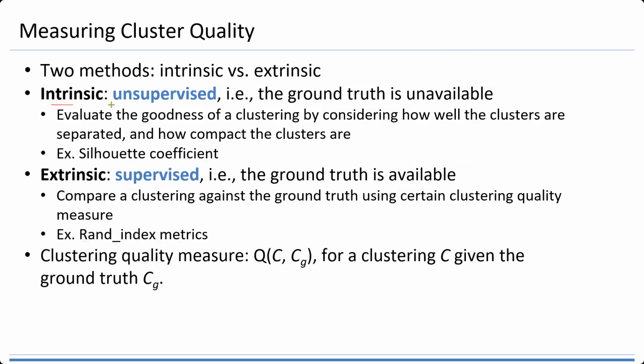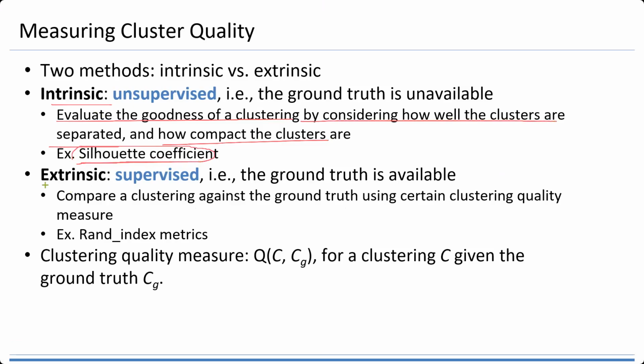The intrinsic. Intrinsic means we are going to evaluate the goodness of a clustering by considering how well the clusters are separated and how compact the clusters are. We use the silhouette coefficient or the silhouette score, what we did previously. Usually we use that kind of score to check the quality of the clusters.